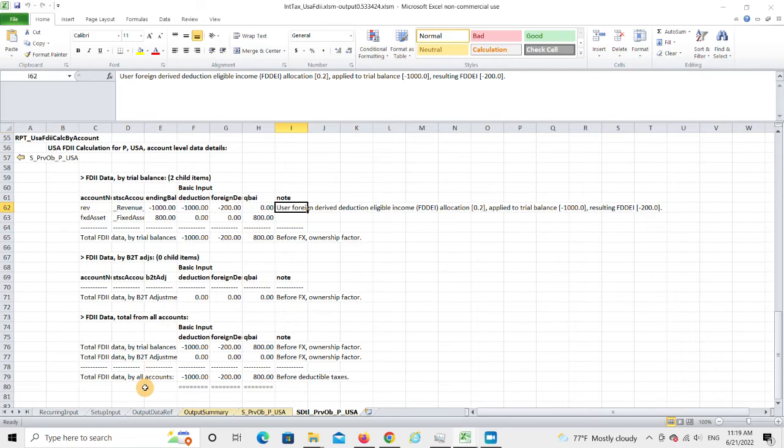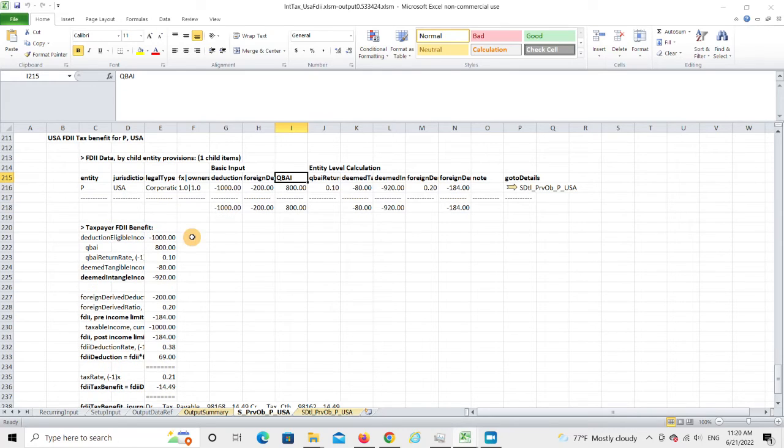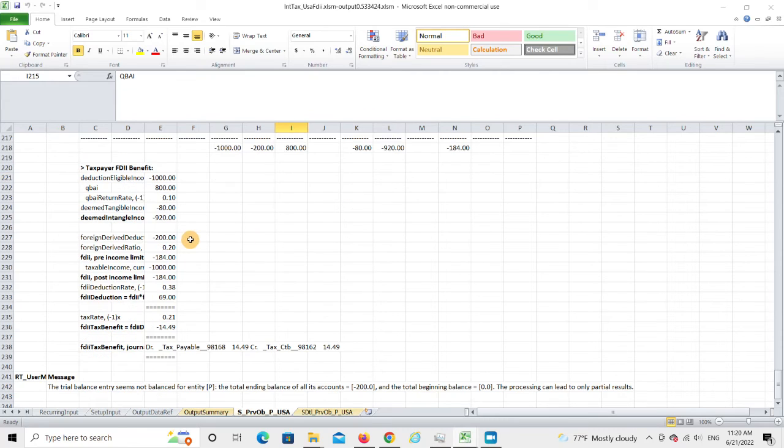So for that provision, we have those basic numbers, and since we have only one provision to calculate, they are the same as the taxpayer level. So the aggregation of that one provision is just that. Therefore, we take a look at the taxpayer level.